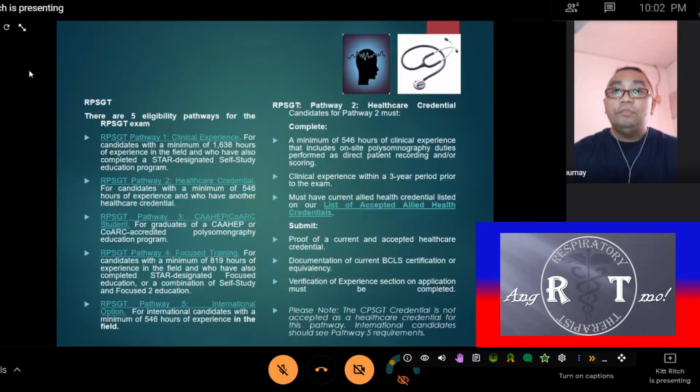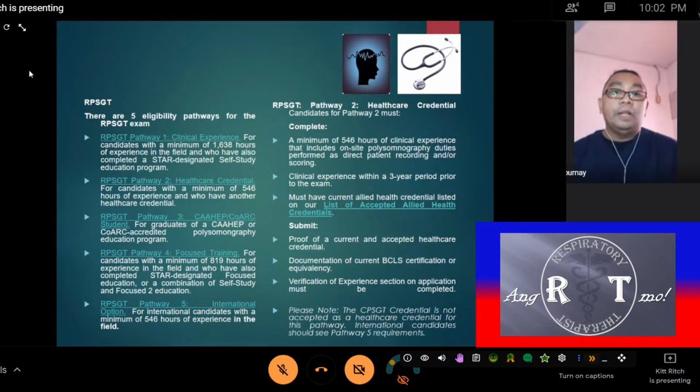Okay, once you have obtained those lectures, you now need to know, as an RT, where you are aligned. We are actually on what we call Pathway 2. On Pathway 2, we have candidates with a minimum of 546 hours of experience who have another healthcare credential.